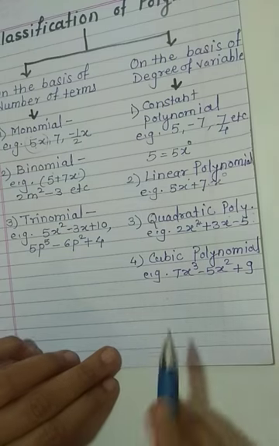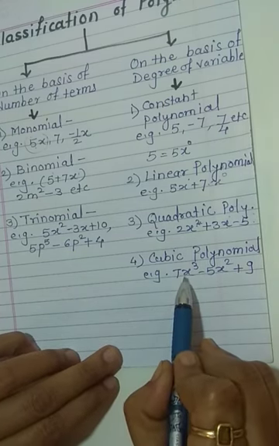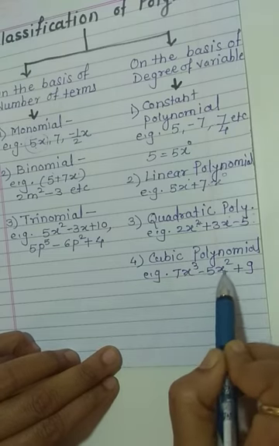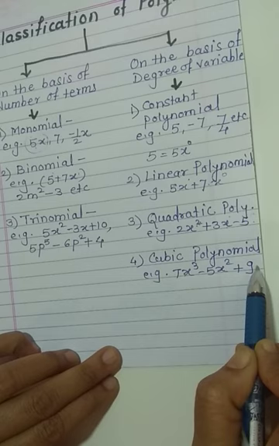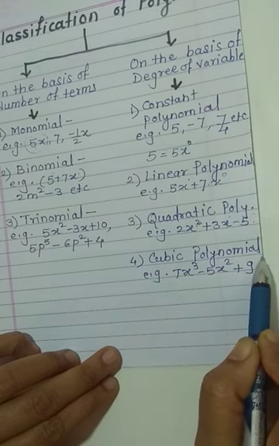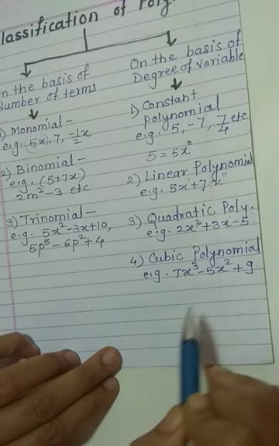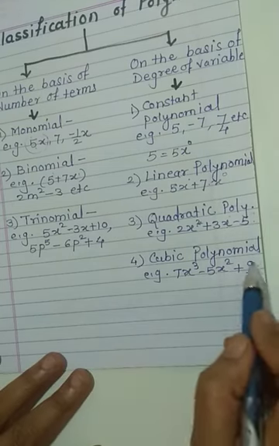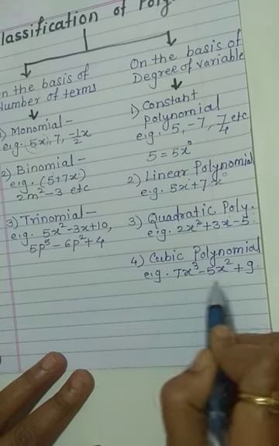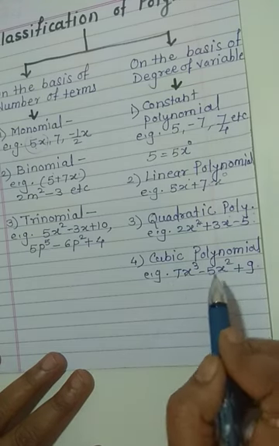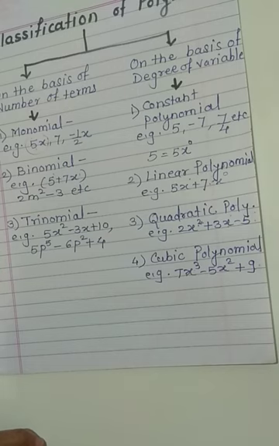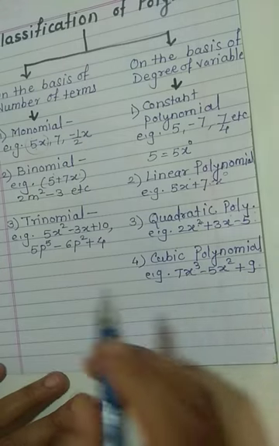Now here the power of the variable x in the first term is 3, in the second term is 2, in the third term it is x raised to 0, that means the power is 0 here. The term with power 1 is missing, but it is a polynomial in a variable x of degree 3. So a polynomial having degree 3 is known as the cubic polynomial. So it is a cubic polynomial.